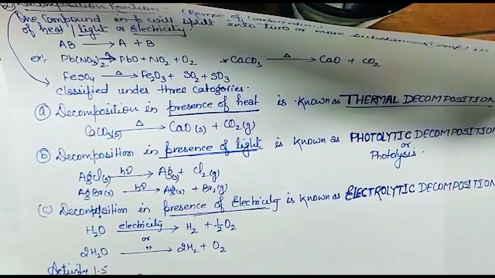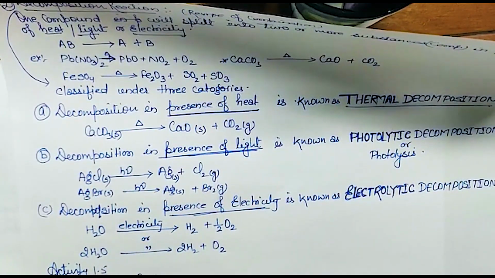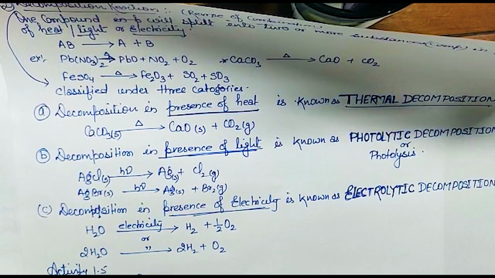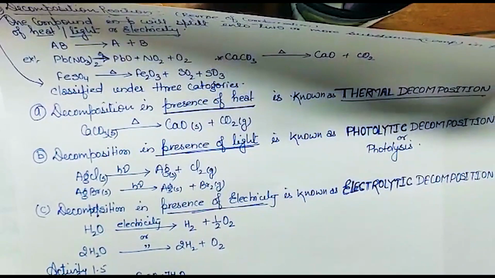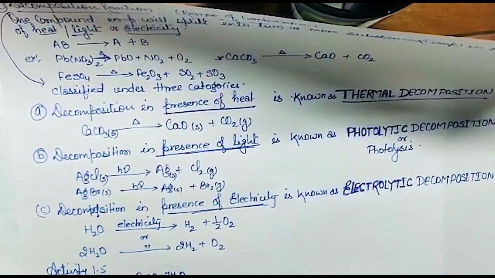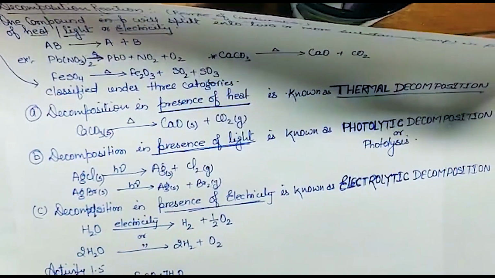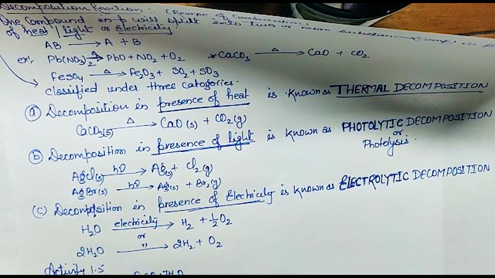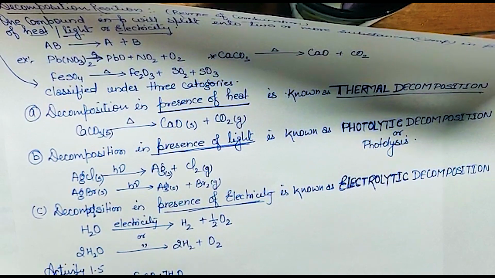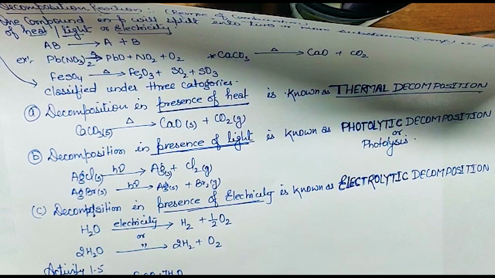Actually this FeSO4 doesn't exist as FeSO4. It exists as FeSO4.7H2O, and that is green in color. If you see FeSO4 as green in color, it means it consists of 7H2O molecules. Got it? If FeSO4 is green in color, it must have 7H2O in it.